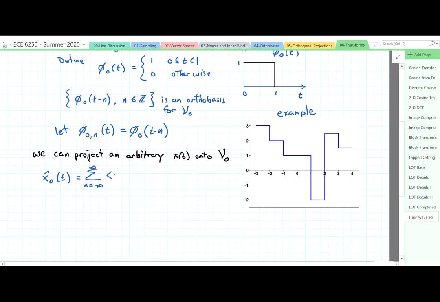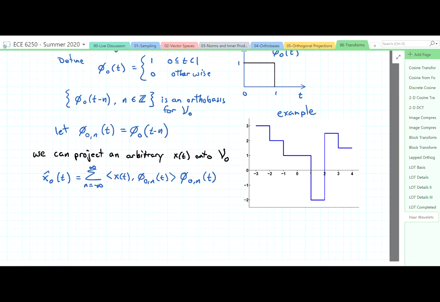We use the standard inner product here. Of course, you can use any inner product that you wanted, but the standard one is standard for a reason. It's generally more useful, more related to physical things.